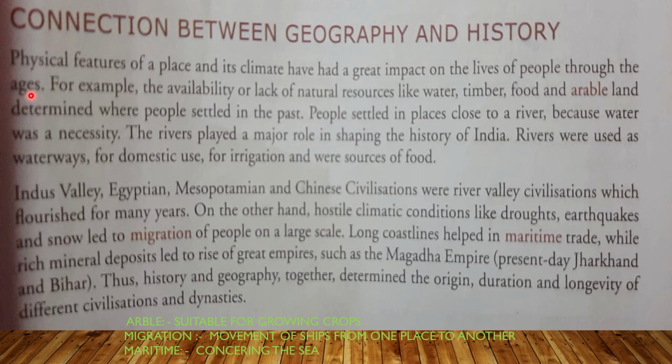For example, the availability or lack of natural resources like water, timber, food, and arable land determined where people settled in the past. Arable is nothing but suitable for growing crops.